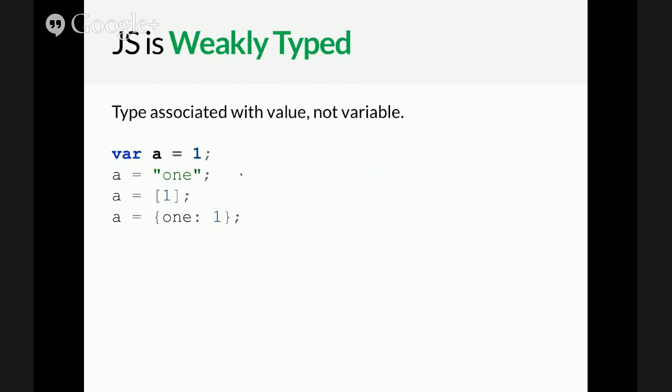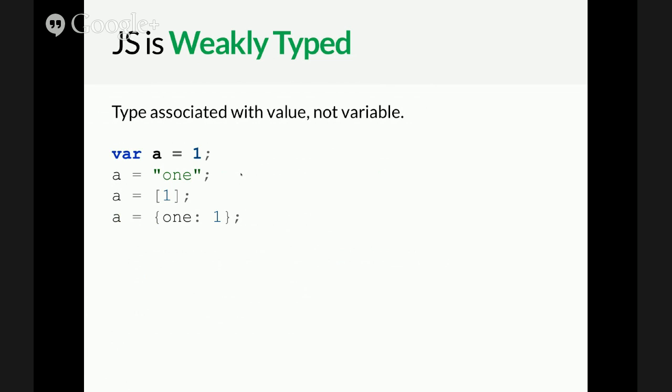The next big feature of JavaScript is that it is weakly typed. Again, it's best to compare JavaScript to a language like Java or C++, where, when you declare an integer, that really just takes up one unit of memory, because it knows it's an integer.